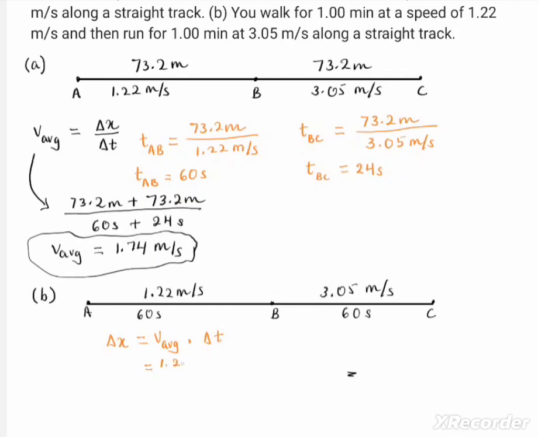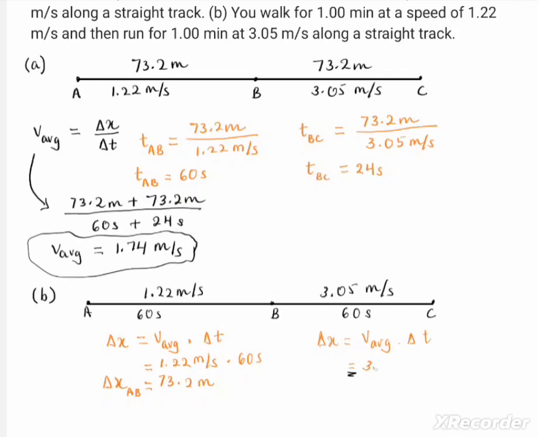So this is 1.22 meters per second times 60 seconds, and you can see how the seconds cancel, and this gives us 73.2 meters, and this is from A to B. This is delta x AB, and then for BC we again have V average times delta t.